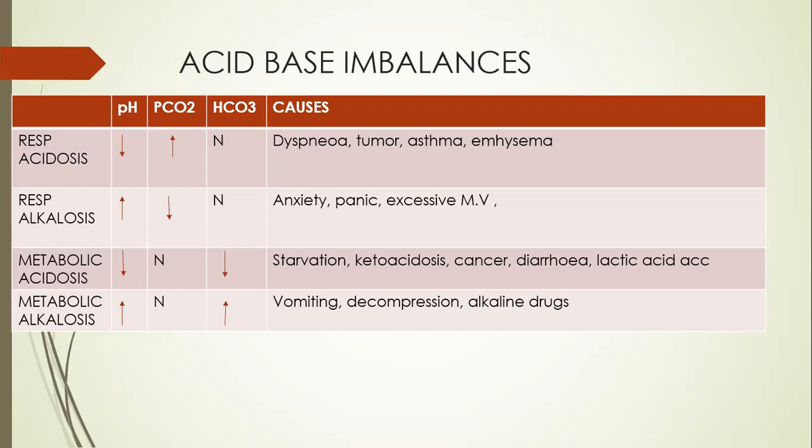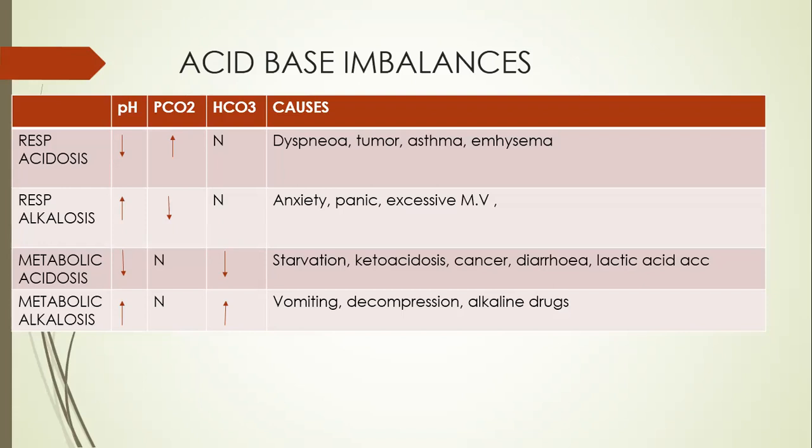And when you focus on the causes, what are the causes of respiratory acidosis? It happens when the respiratory system is affected. The causes are mainly dyspnea, any tumors inside the lungs, asthma, emphysema, pleural effusion. All these conditions cause respiratory problems.